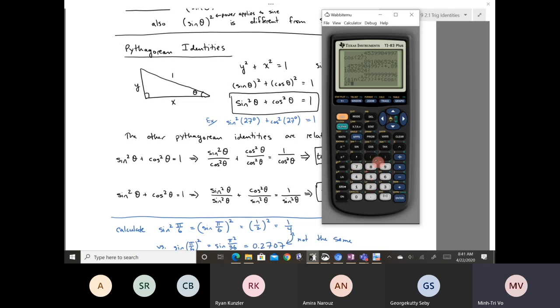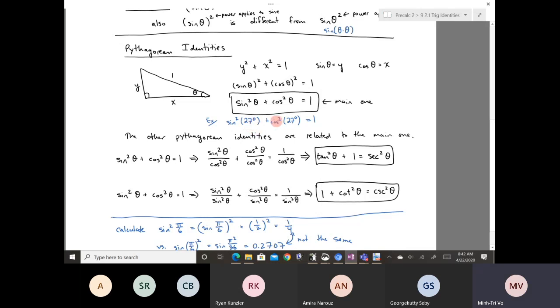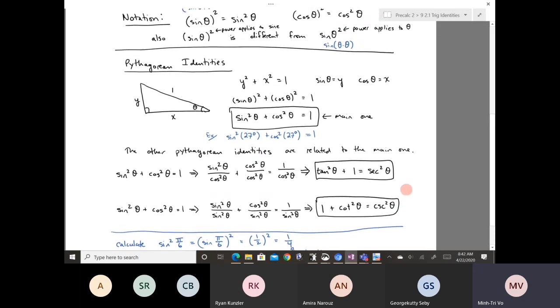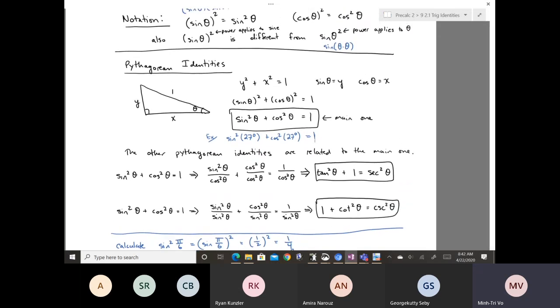So sine squared plus cosine squared. Now it's exactly equal to 1 because I'm not approximating. And again, this is true no matter what angle you try to calculate this with. So that's what this identity is saying. Again, it's essentially coming from this right triangle with hypotenuse 1.